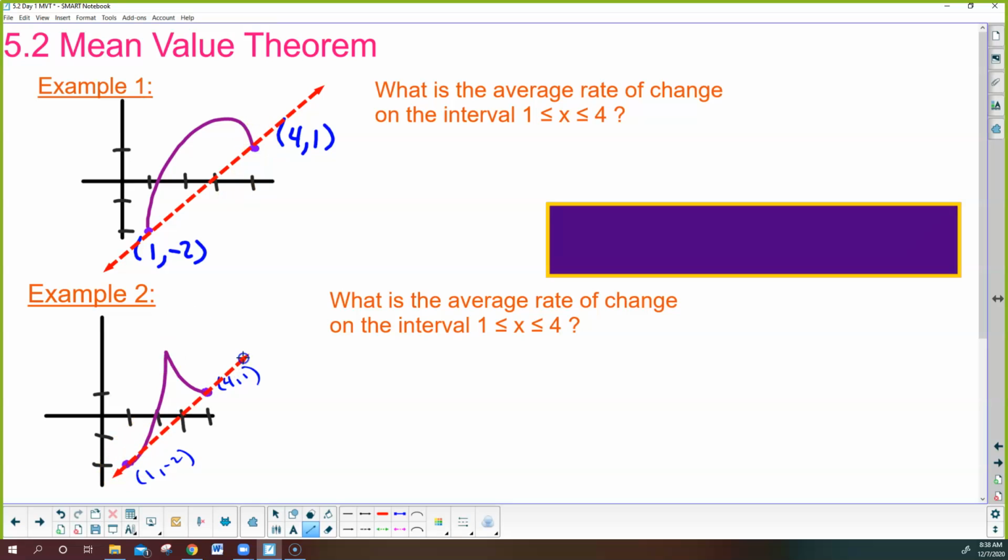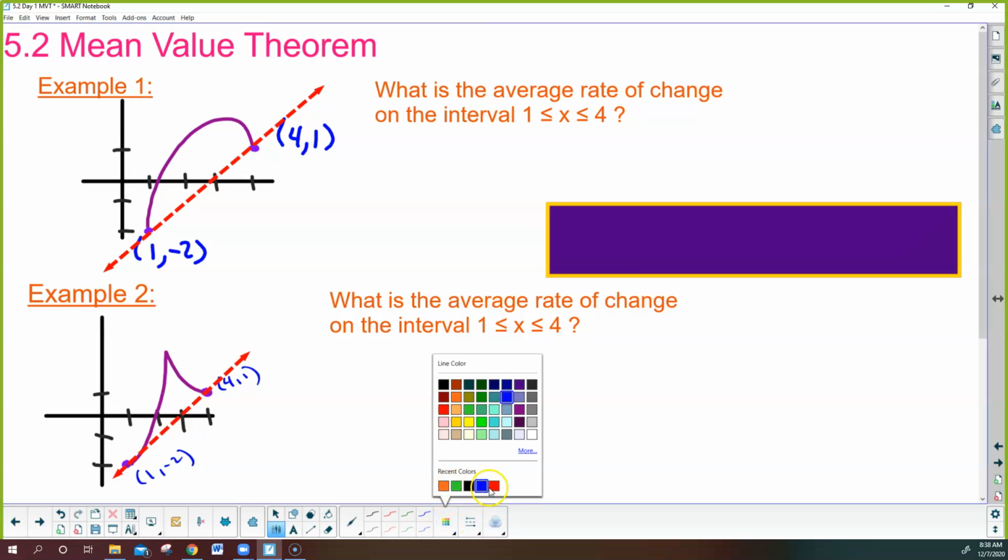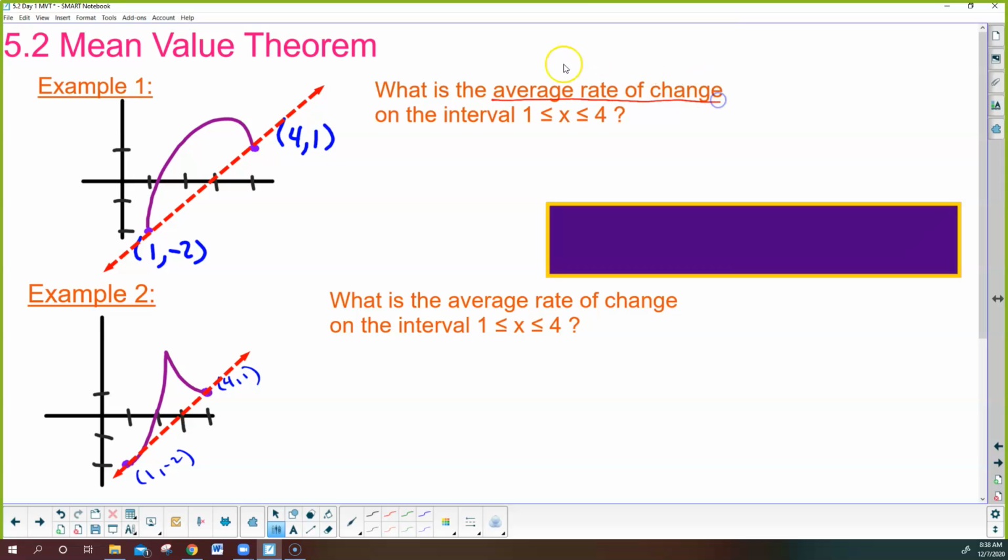And if I just estimate that in here, we're just looking for the average rate of change, which is just your slope. So whenever you see that, it's your change in y's over your change in x's.